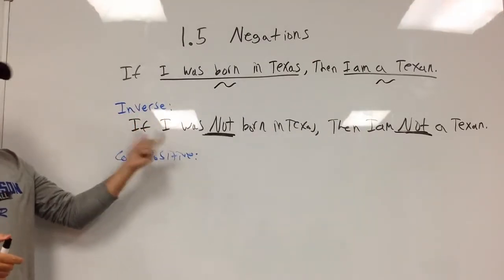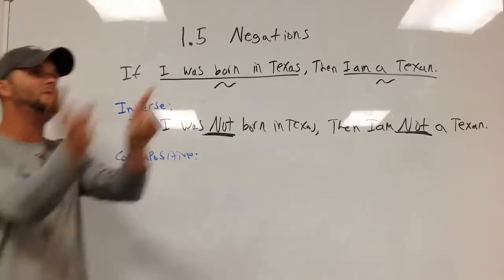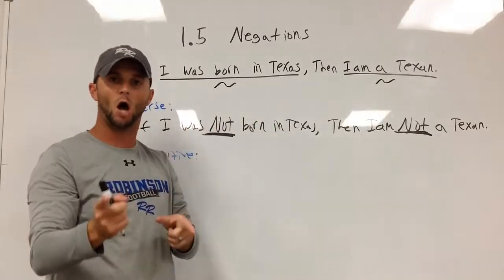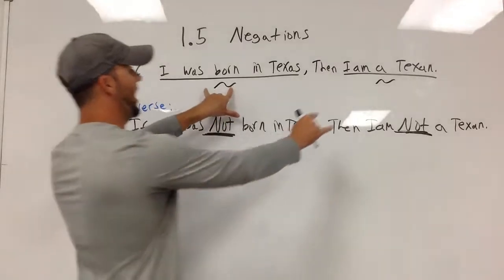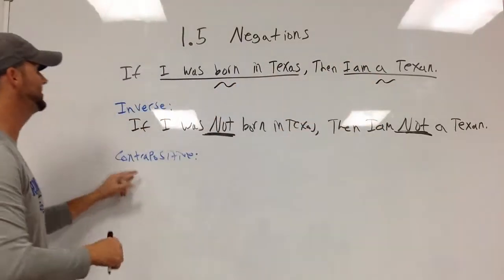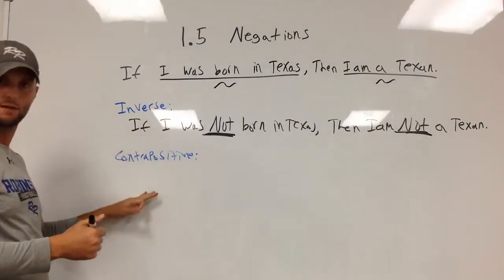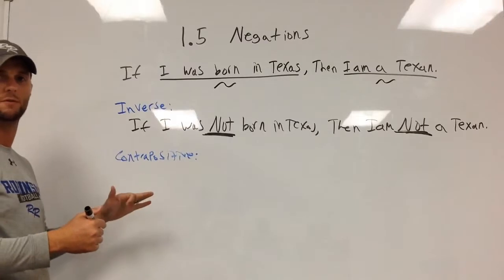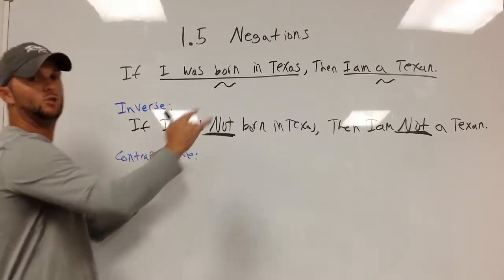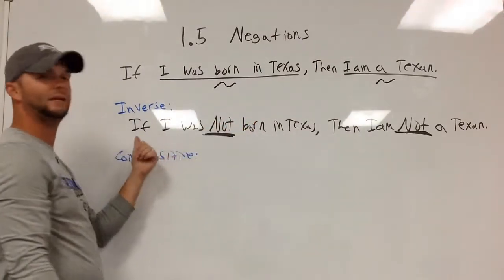Okay? So now there's something called the contrapositive. In the previous lesson, we learned about something called converse. Converse is where I switch both of these, correct? Contrapositive is a combination of inverse and converse. So I'm going to first do the converse, switch it, and negate it.